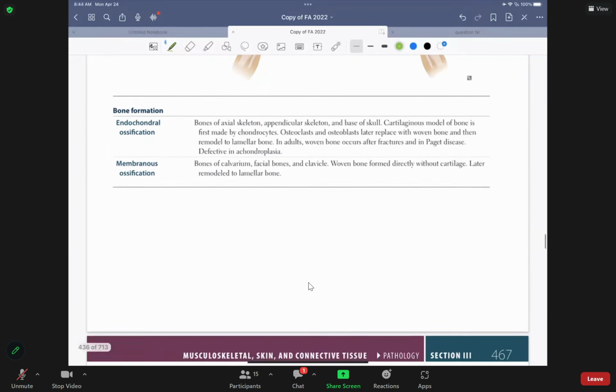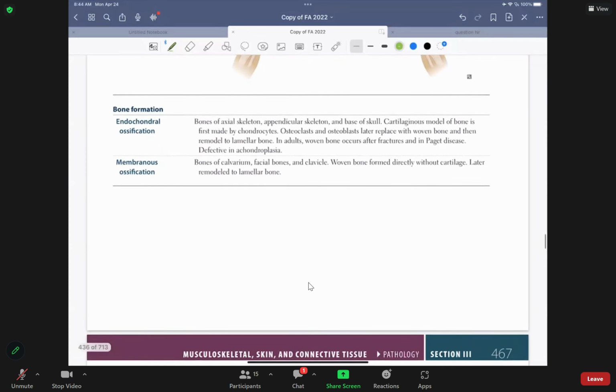Now, when we talk about bones, there are two terms that come up, folks: endochondral ossification and membranous ossification. Okay, these are the two terms we need to get used to. Let's talk about this. When a fetus is developing, there are some bones that are first cartilage, and then they are replaced by bone afterward.